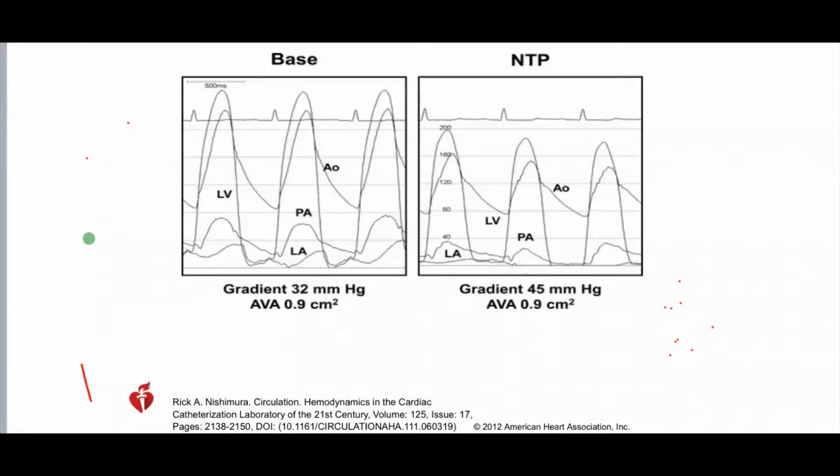Now from a diagnostic perspective, do you think having high blood pressure when you are evaluating a patient for aortic stenosis is going to underestimate or overestimate aortic stenosis? Underestimate. Why? The velocity has a resistance in the peripheral vascular system.